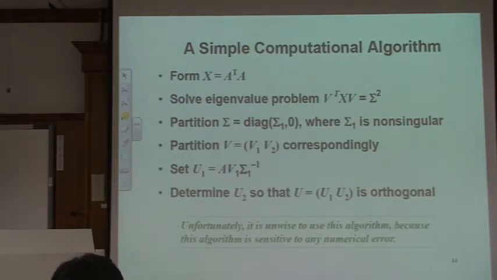Then when they multiply together, we get this result here. This sigma here is just the diagonal term of the sigma here. Sigma 1 is the non-zero singular value, because we have the singular values along its diagonal here.